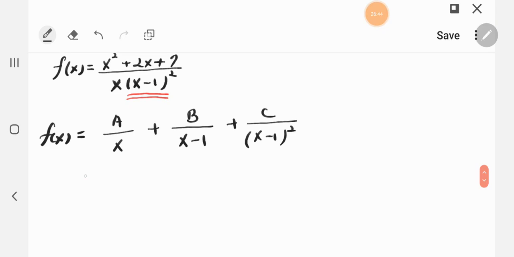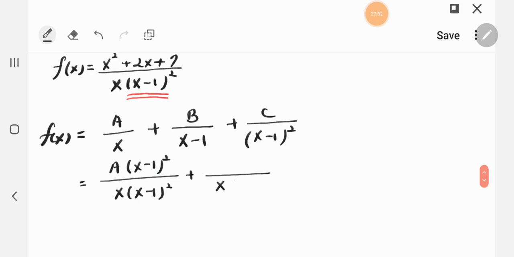Then from this, the LCD is x times x minus 1 squared. So we gotta multiply the numerator a by x minus 1 squared. Same thing for the second fraction, b should be multiplied by x and x minus 1.